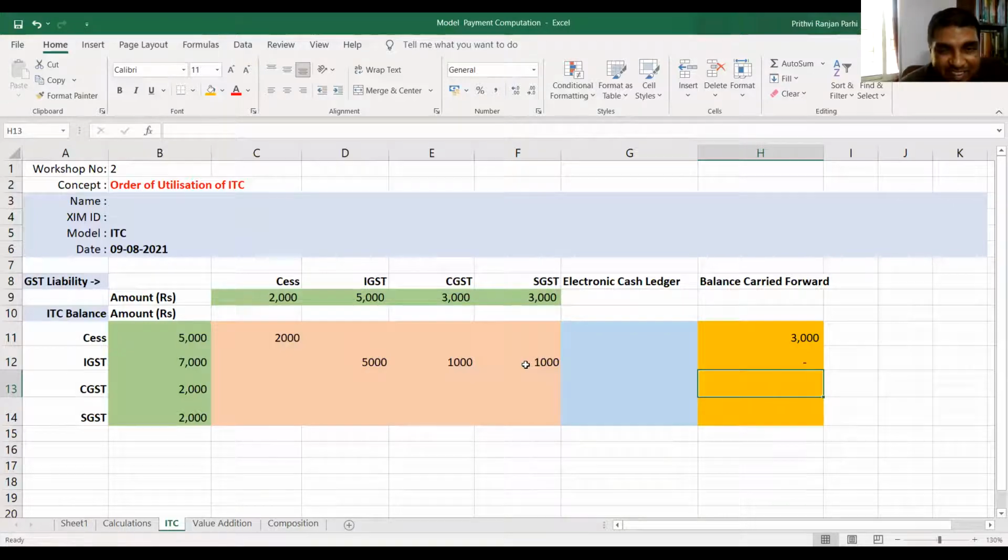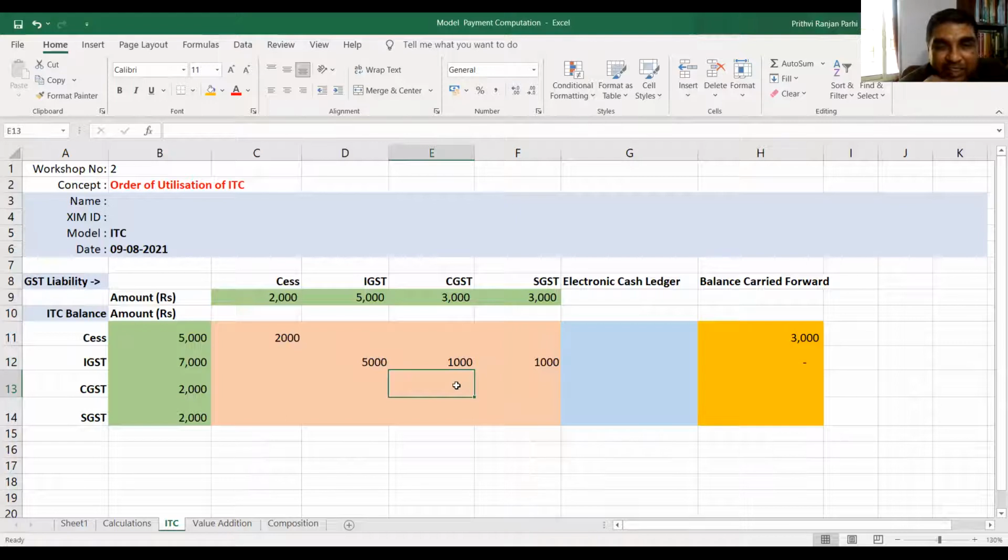Now, next you tell me. CGST liability is there, CGST ITC is there this month. CGST has to be paid 3,000 rupees. What has to be done here now? 1,000 from CGST.